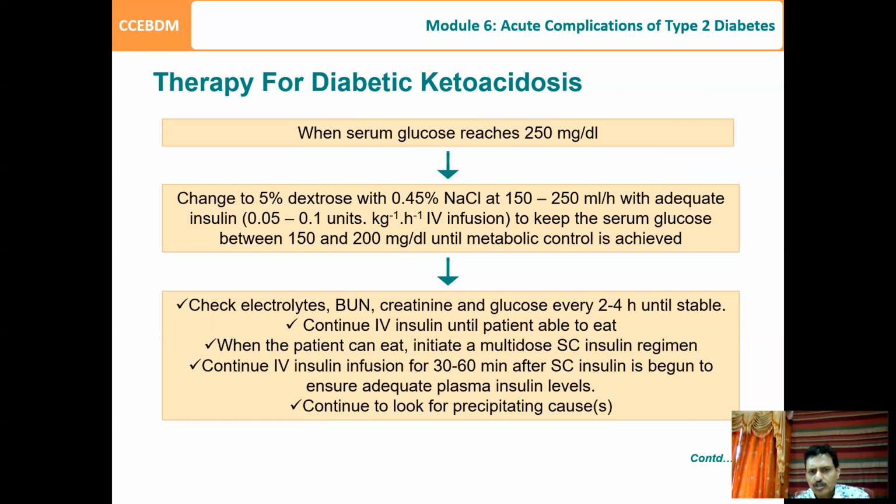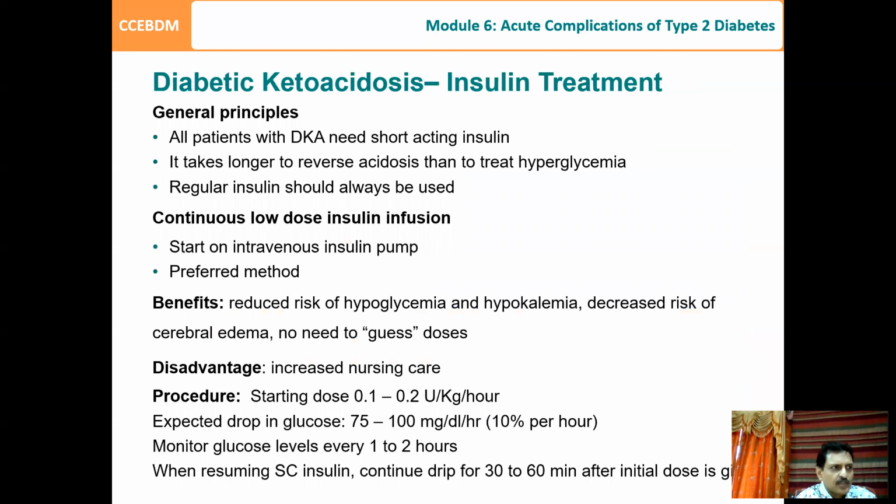But actually you should continue the IV insulin for up to 1 hour after giving the injection of the long-acting insulin. So this is the way we shift the patient from the IV insulin to the subcutaneous insulin.